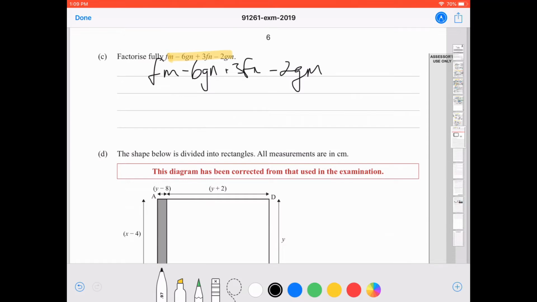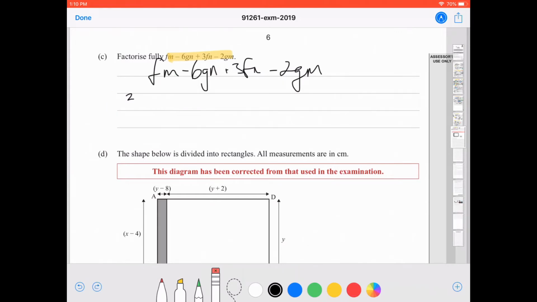But we can see some similarities between terms here. If we were trying to factorize a quadratic with 4 terms, so we had this is our quadratic, and the b value was split up into 2 parts, and we had our c term, we would draw our line and factorize the left-hand side, factorize the right-hand side, and go from there.